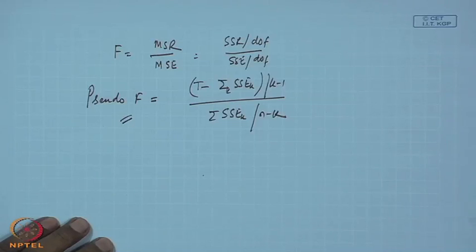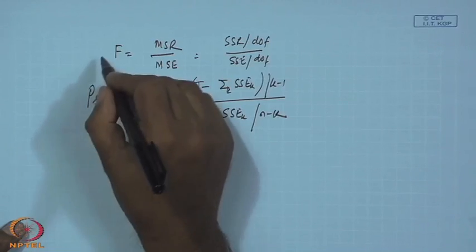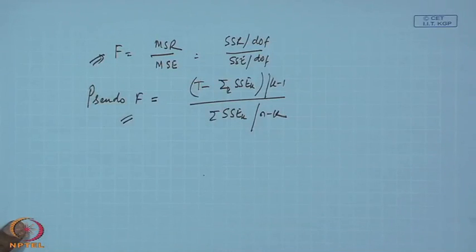similar to the F statistic used in regression equations. Why pseudo? Because ultimately the distribution is not known. You have a group with several individuals, and what joint distribution they follow is not clear.